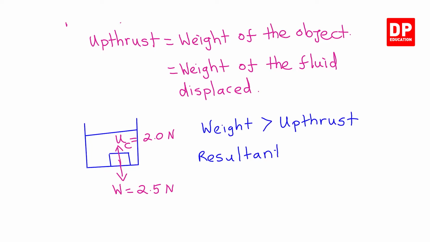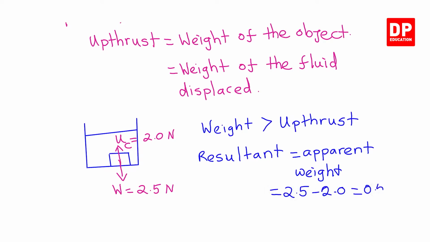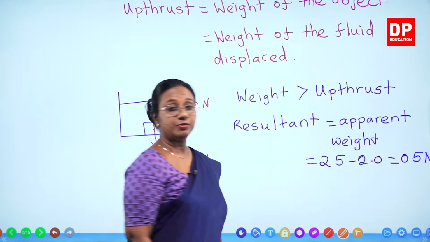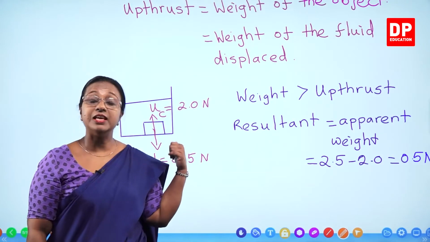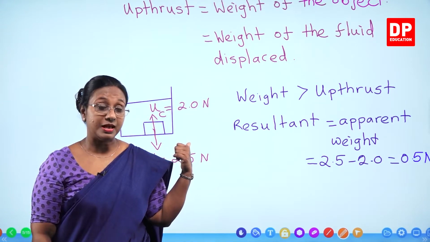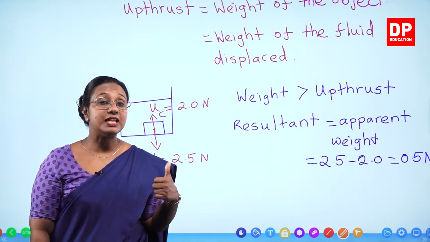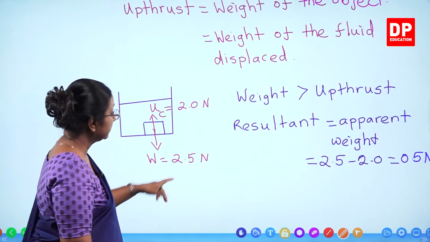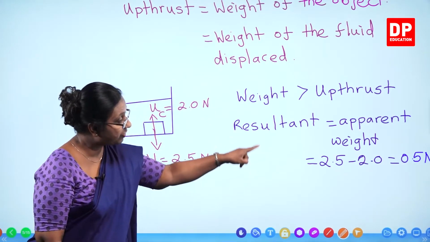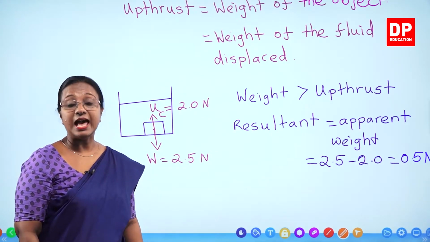What is that resultant? That is the apparent weight. And that was equal to 2.5 minus 2.0. We got the value as 0.5 Newton. That is the apparent weight that we read using the spring balance. So now can you all understand the relationship? So here there is a resultant force of 0.5 Newton acting down.